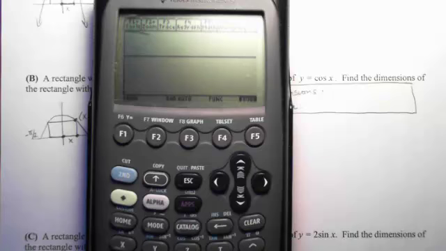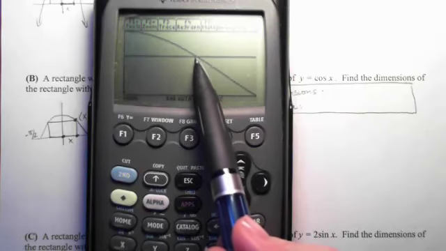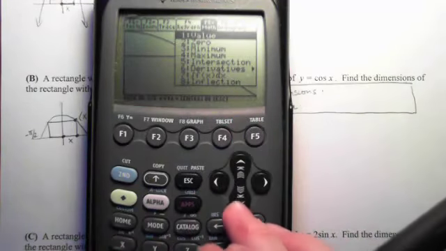We're looking for when that derivative crosses from positive to negative. You can see it's coming down. It crosses there. And now my goal is to locate that x coordinate. So to do that, I'm going to use my math menu, which is F5.